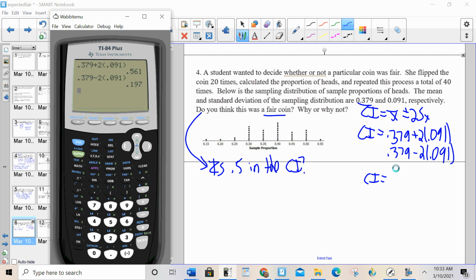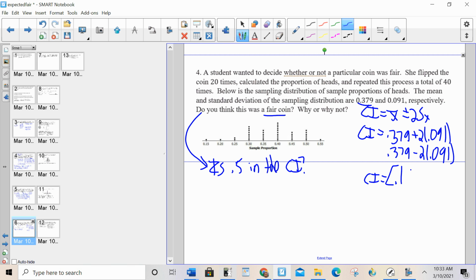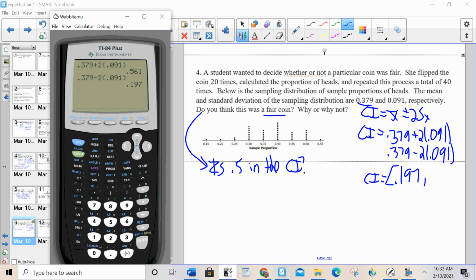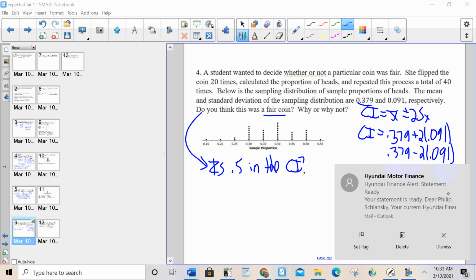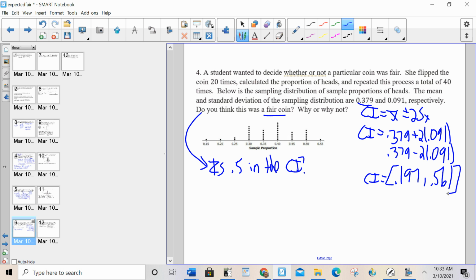So that's going to be 0.197 to 0.561. So if the theoretical probability is an expected value, then it's a fair coin. If 0.5 is in the confidence interval, then it's a fair coin.